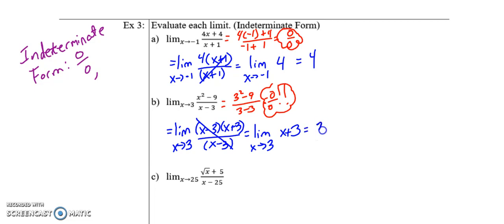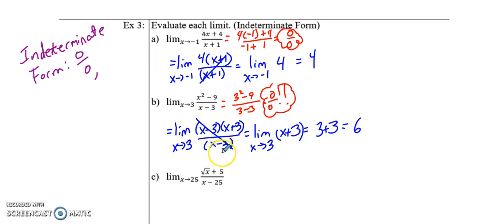So now we plug it in. Use direct substitution now. 6. So this function looks like x plus 3, except at x equals 3. What do we have at x equals 3? Well, what happened to this factor of x minus 3? What did we do to it? It canceled.